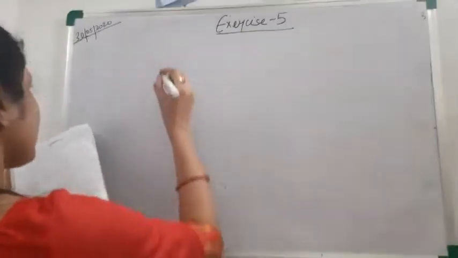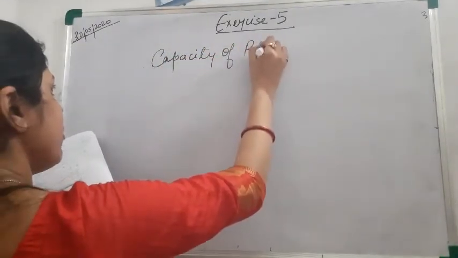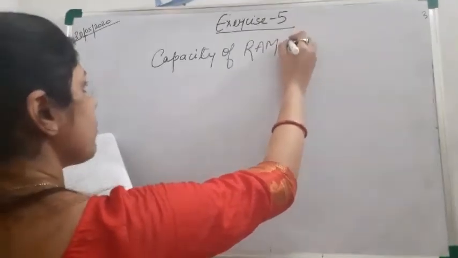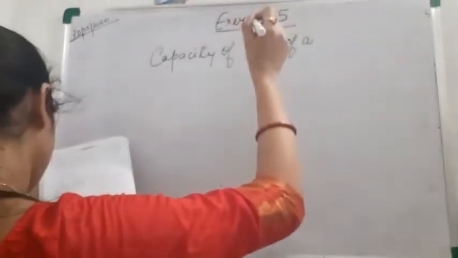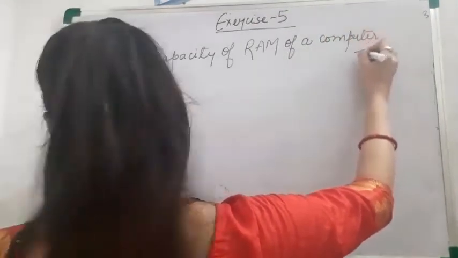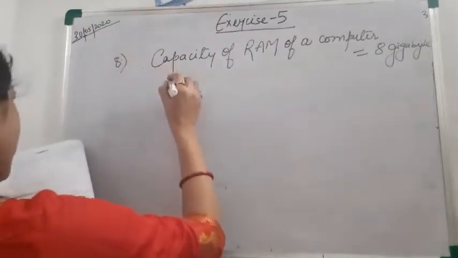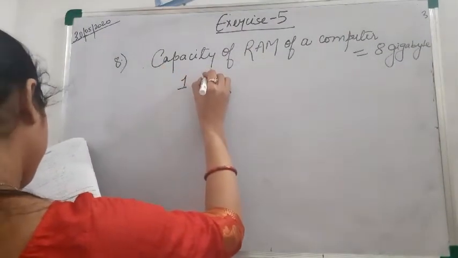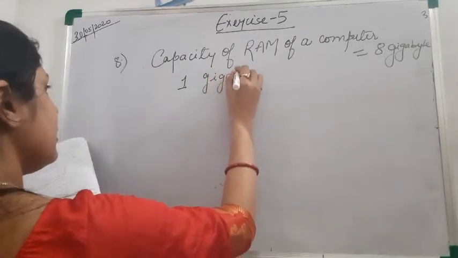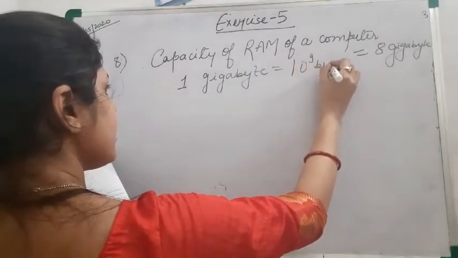You can write here, capacity of RAM of computer is equal to 8 gigabytes. 1 gigabyte is equal to 10 to the power of 9 bytes.